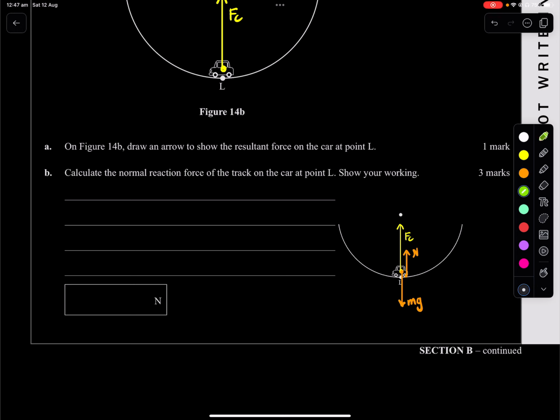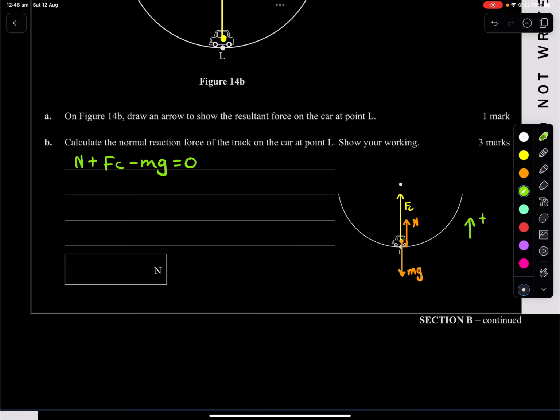So N plus FC minus mg, because remember, we're taking upwards as positive. Well, we want to find N. So N is FC plus mg.